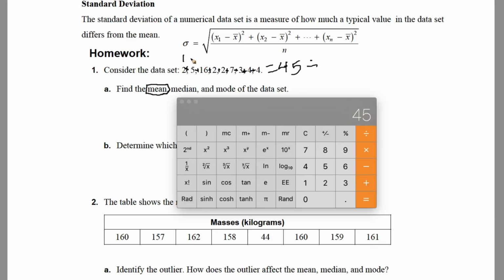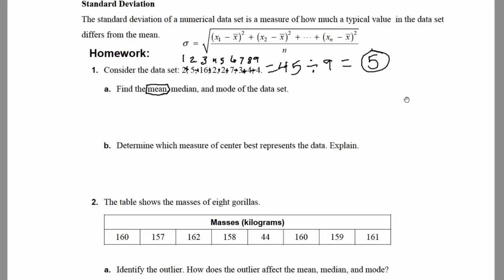There's 1, 2, 3, 4, 5, 6, 7, 8, 9 numbers. So we're going to take 45 divided by 9, and that gives us 5. Okay, so the average, or the mean, and average are the same thing. So the mean equals 5. Okay, now I'm going to erase this so it's a little easier to see the numbers again.